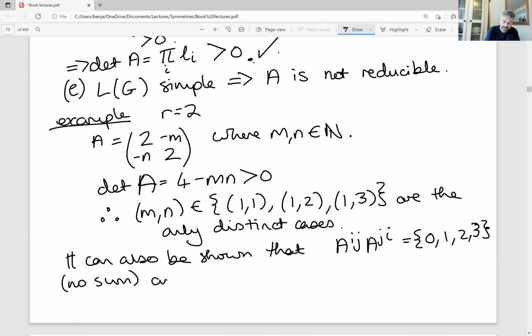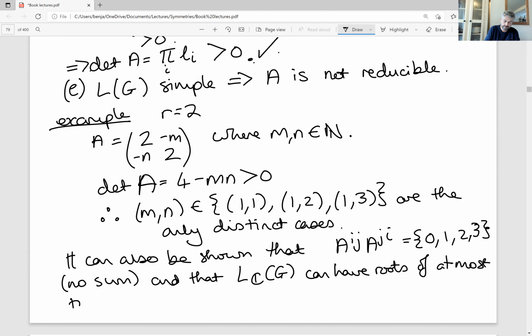And that you can have at most 2 distinct lengths in a simple Lie algebra. So a complexified Lie algebra can have roots of at most 2 distinct lengths. We're not going to show these properties.